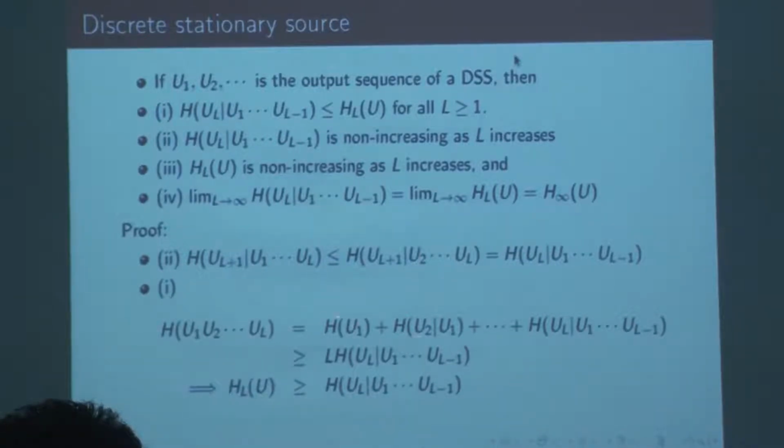That means, as L is increasing, this is less than H of U_{L-1} given U1, U2, U3, ..., U_{L-2}, which is less than this. So the smallest term here is this, and there are L such terms. So this is bounded by L times H of U_L given U1, U2, U3, ..., U_{L-1}, correct.